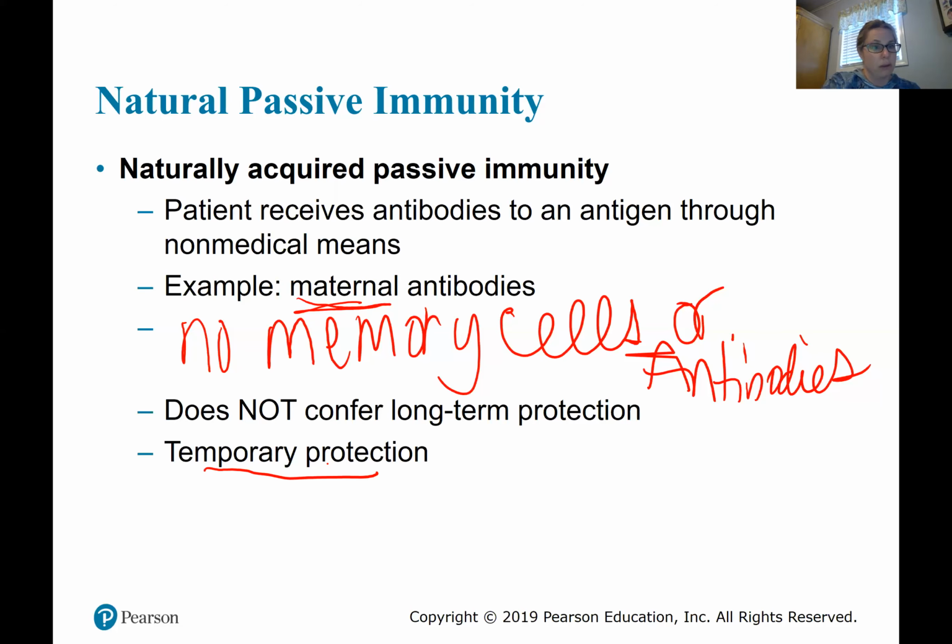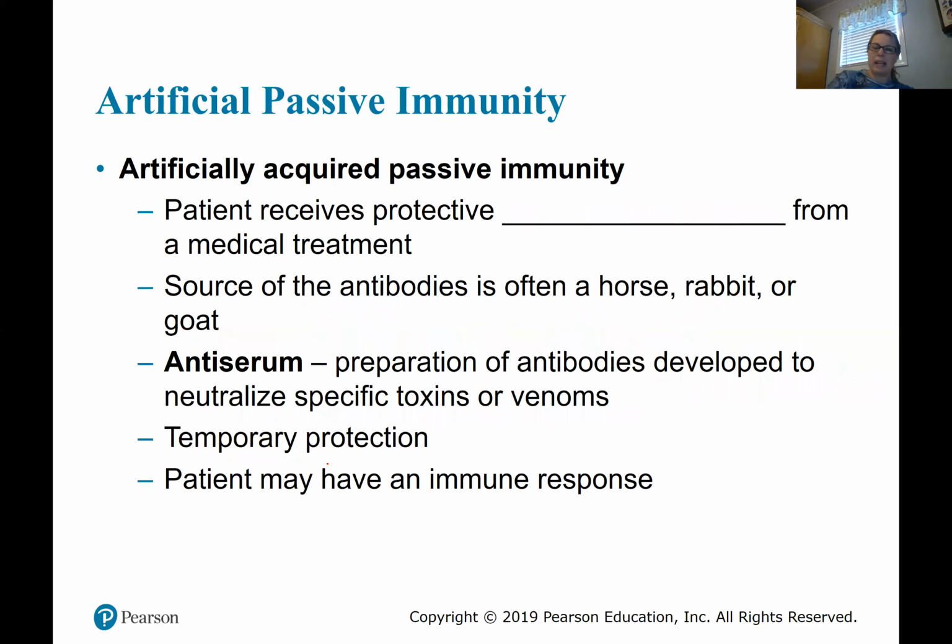And then artificially acquired passive, that was where the patient receives protective antibodies from a medical treatment, usually a horse. They would get what's called an anti-serum that's going to help protect them from a toxin or a venom.